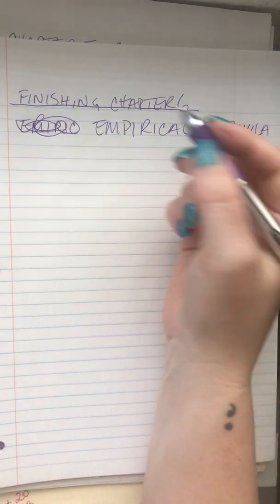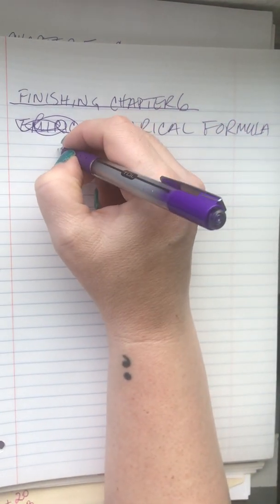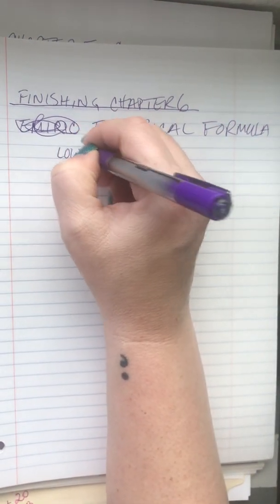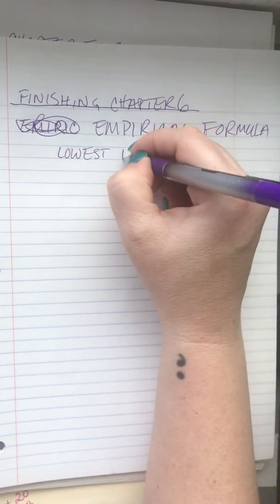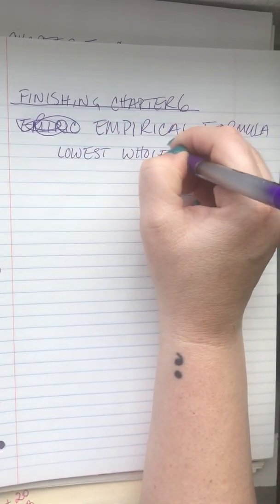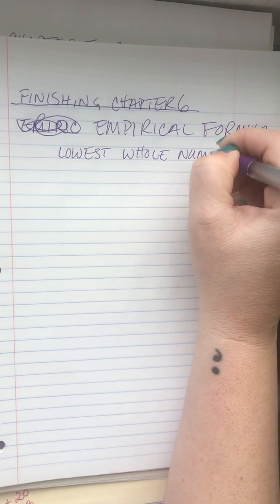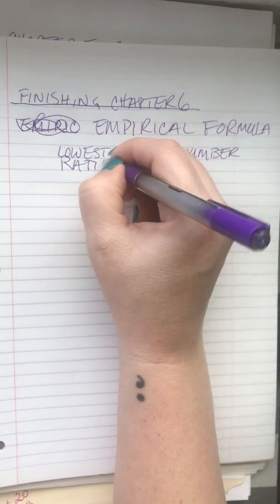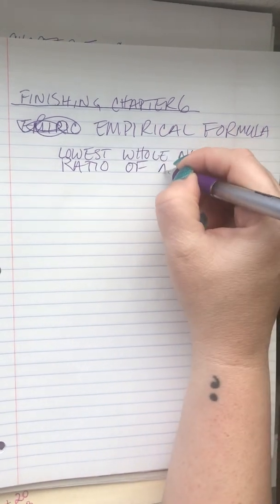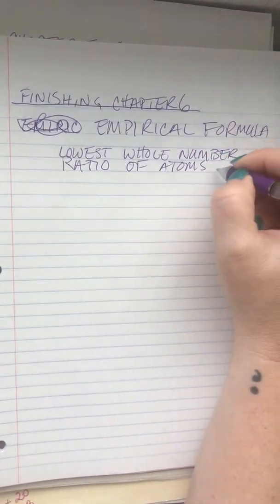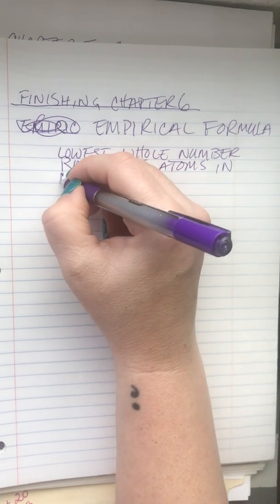So an empirical formula is just the lowest whole number ratio of atoms in a compound.